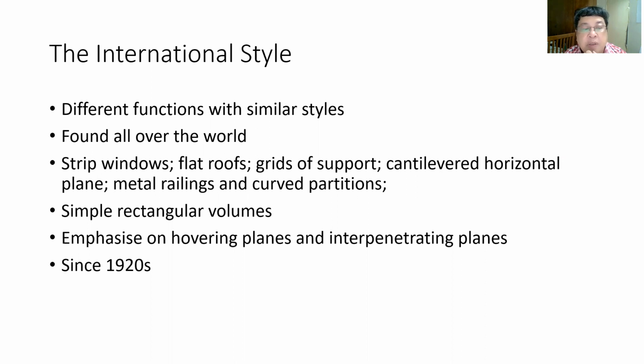So this happens since the 1920s, and somehow in the 60s and 70s, people start doing other things, other styles, and those were the late modernists, going into the postmodernists much more in the 1980s.